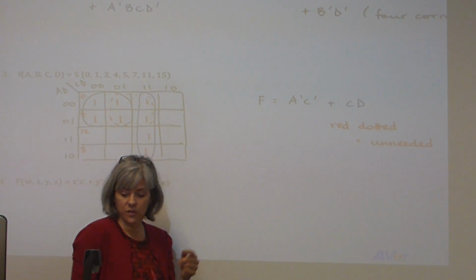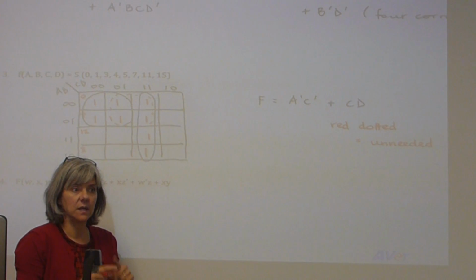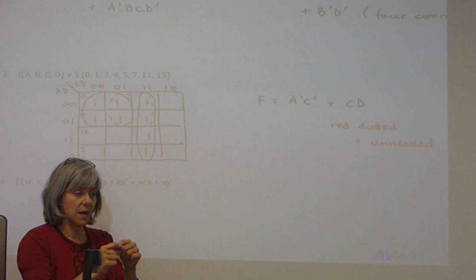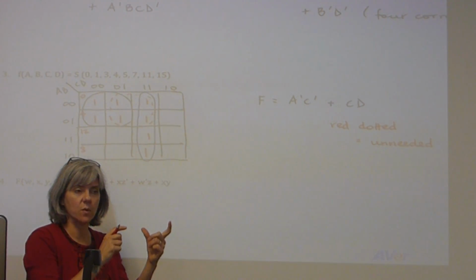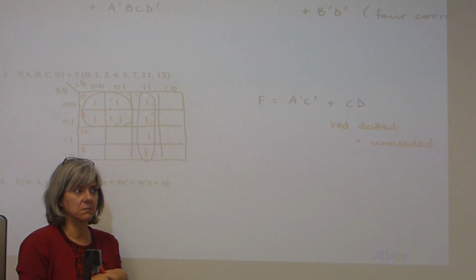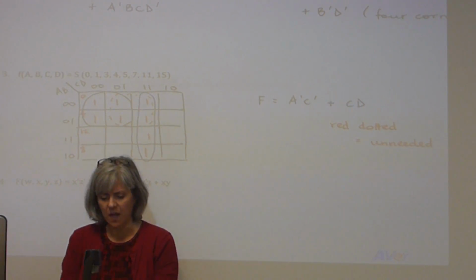So the first two are essential prime implicants. Essential because they're required to get the ones. Prime because they're as big as they can be. Implicants because they cover things. Does that make sense?